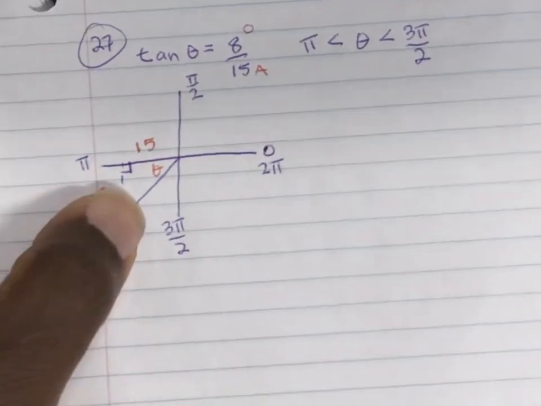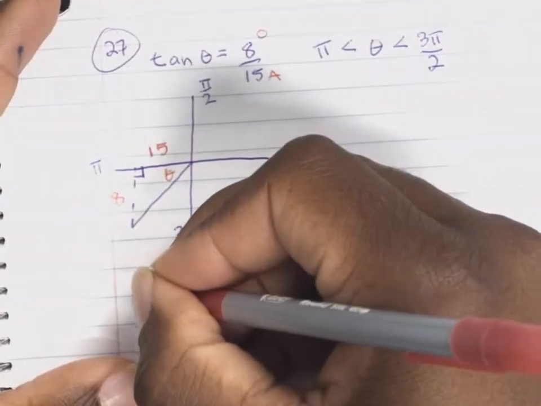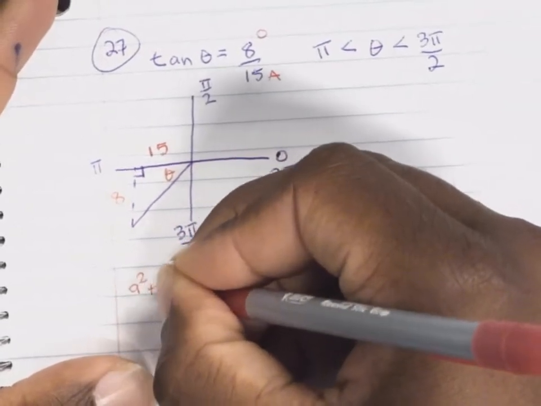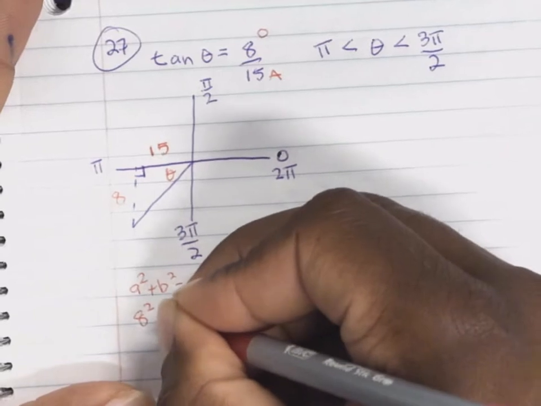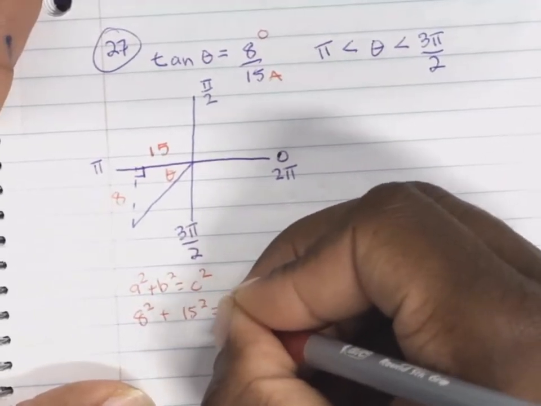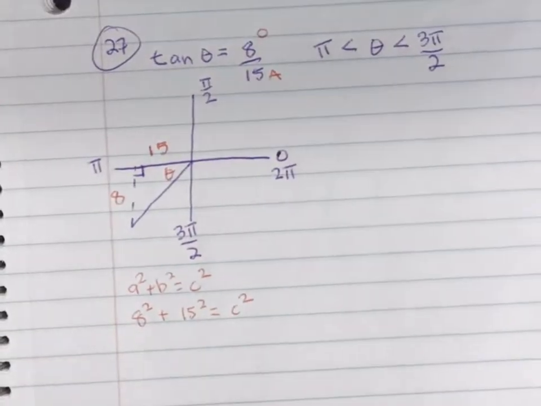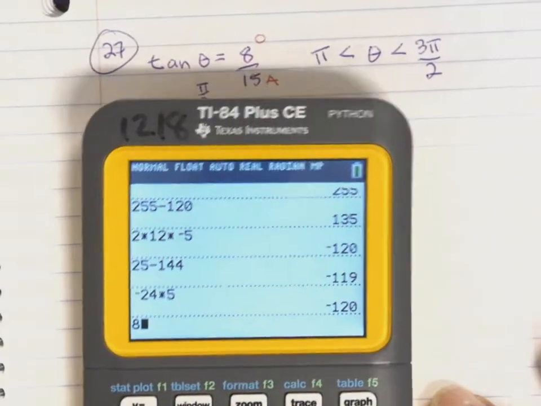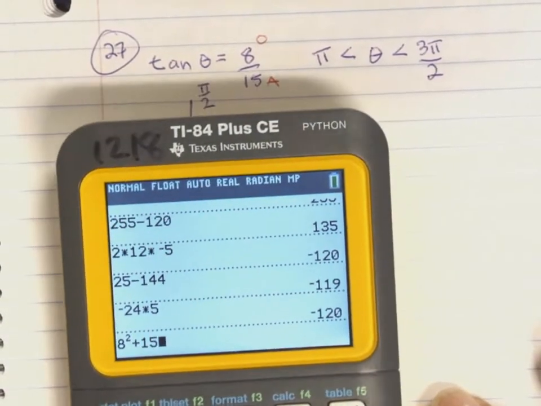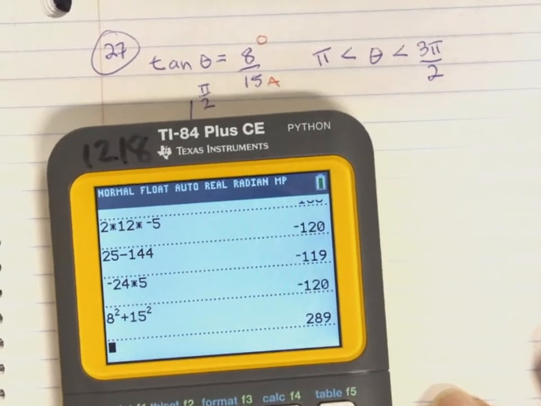Let's find the missing side of this triangle using the Pythagorean theorem. A squared plus b squared equals c squared. 8 squared plus 15 squared equals c squared. 8 squared plus 15 squared equals 289.